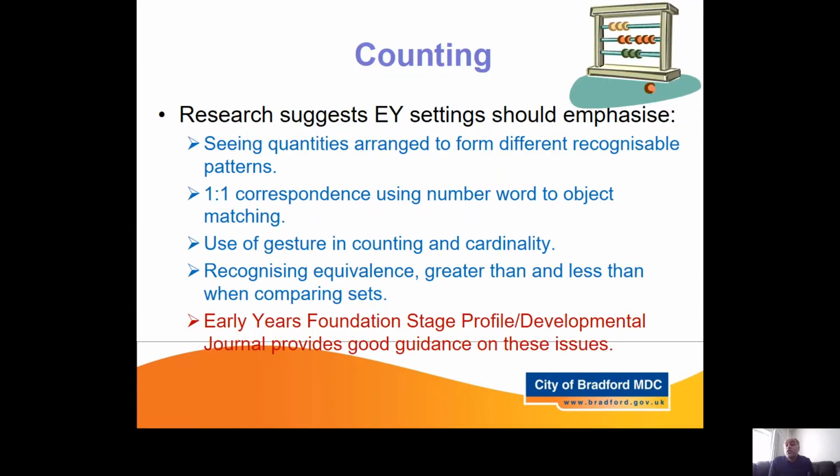The researchers have suggested that early settings should emphasise seeing counters in different recognisable forms, emphasising one-to-one correspondence, using a gesture of counting when you're doing cardinality, recognising equivalents, greater than or less than. And there are tools like the Early Years Foundation Stage and developmental journal that provide good assessment criteria, and also what to do next in terms of promoting development in mathematics.